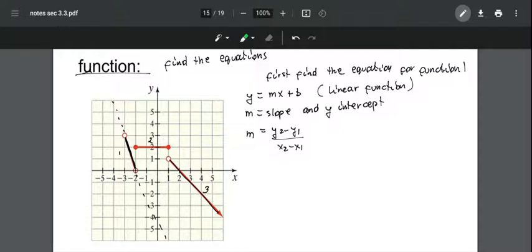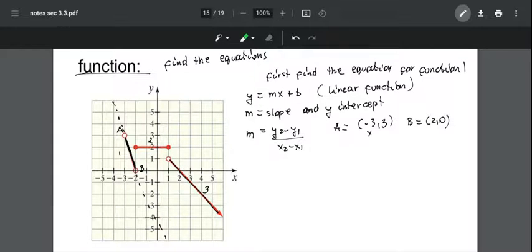So slope, we're going to find using the slope formula: y2 minus y1 divided by x2 minus x1. So the first point here, point A, don't worry that it's a hole. I'm just trying to get the equation of the entire straight line. Later we'll restrict the domain. So point A has coordinates (-3, 3) and point B has coordinates (2, 0).